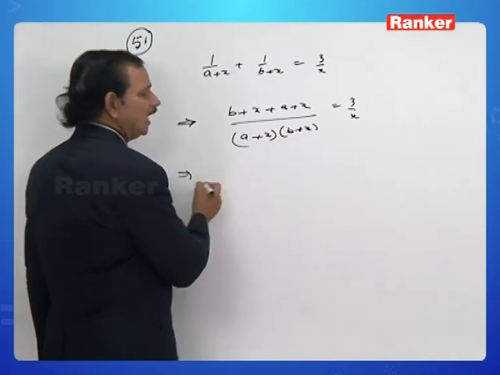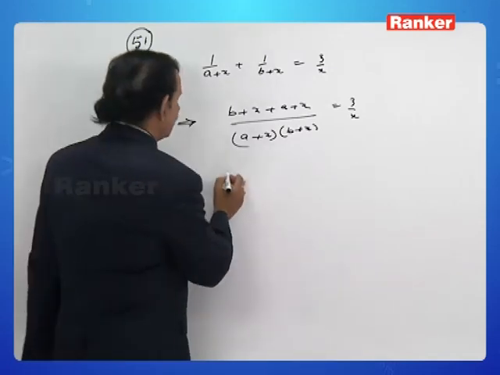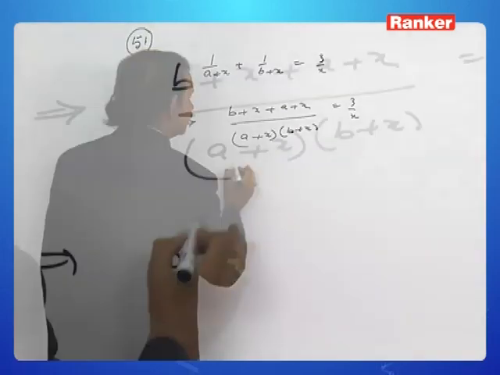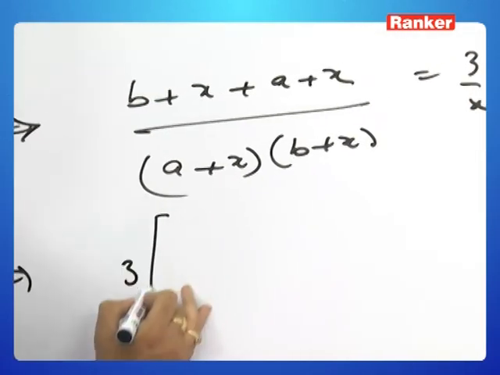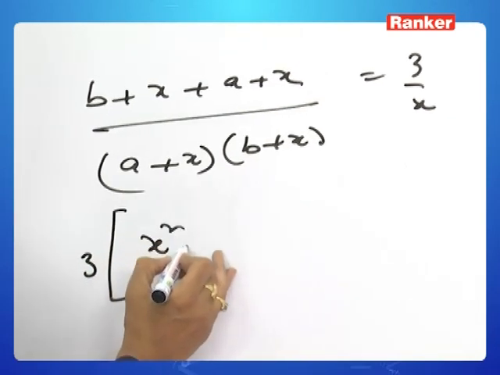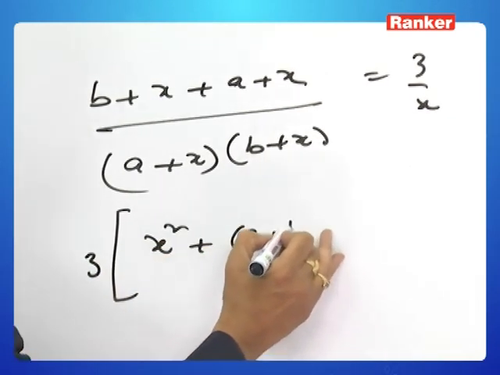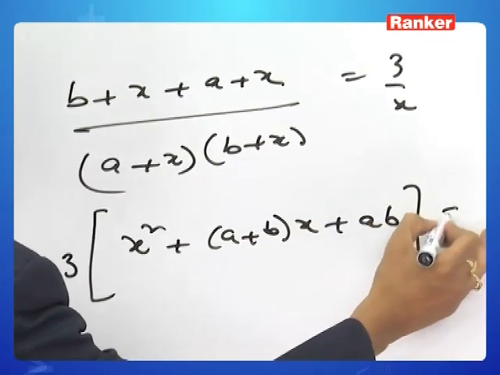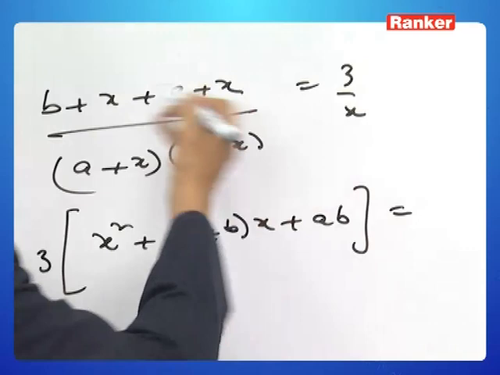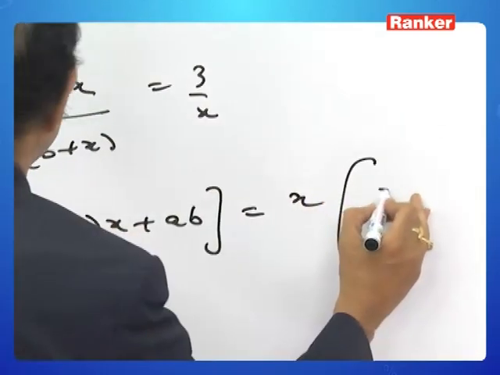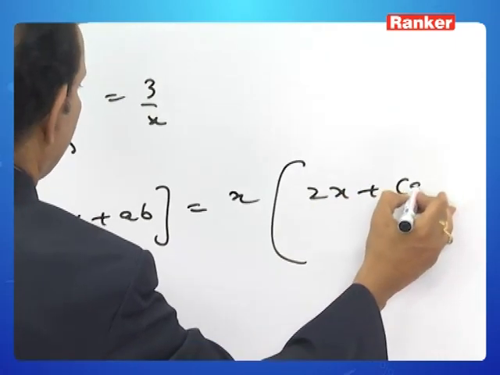That is, I have taken just the LCM. Let me now cross multiply: 3 into (a + x)(b + x), that is x square plus (a + b)x plus ab, is equal to x into (2x + a + b).